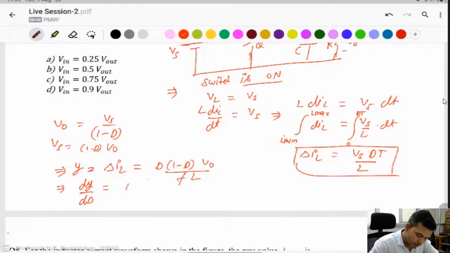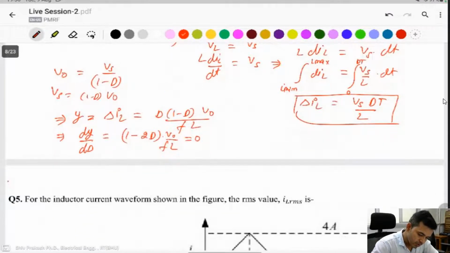Then you find 1 minus 2d into V naught divided by fL. For the maximum, by the maximum principle, set it equal to 0, and you find d is equal to 1 by 2, that means 0.5.